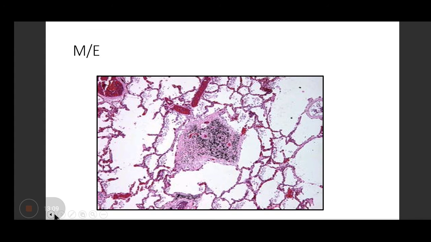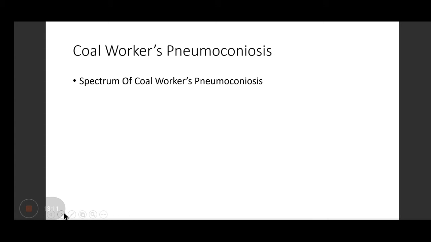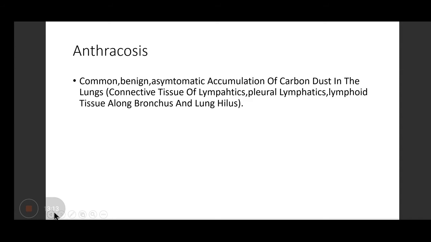So the spectrum includes anthracosis. This is a benign, common and asymptomatic accumulation of carbon dust in the lungs. It can also be due to smoking or just air pollution, and it is asymptomatic.